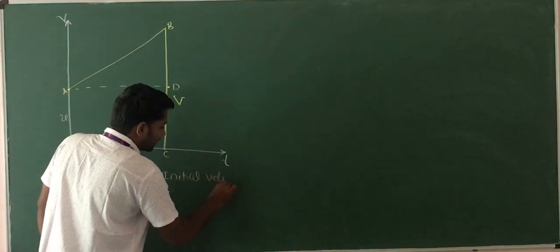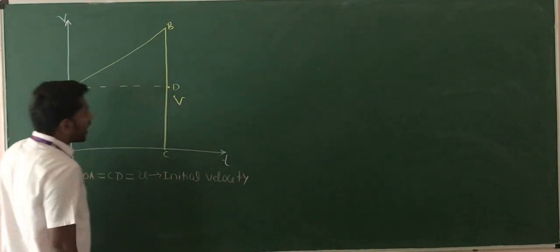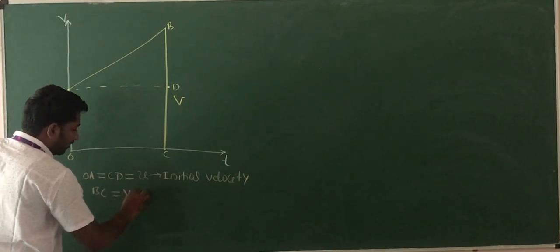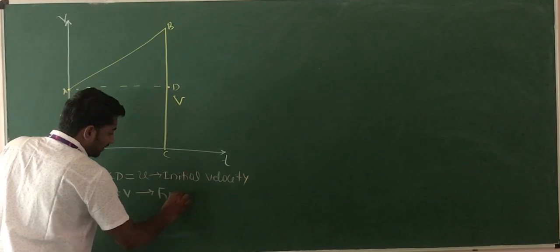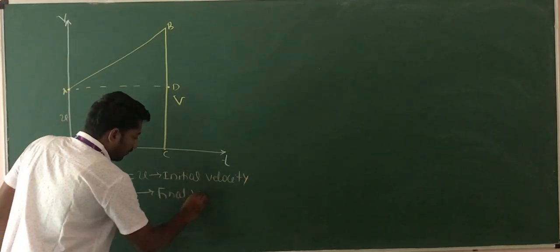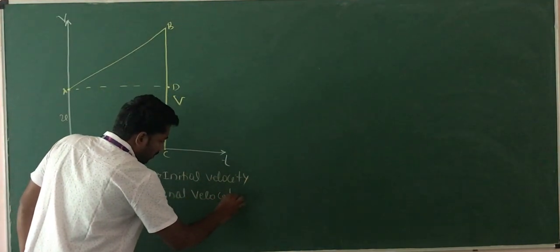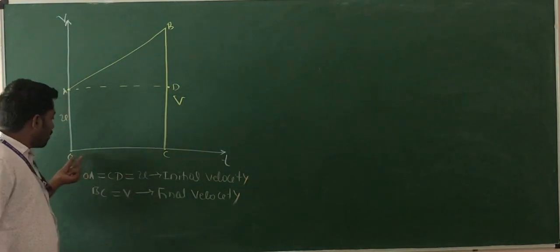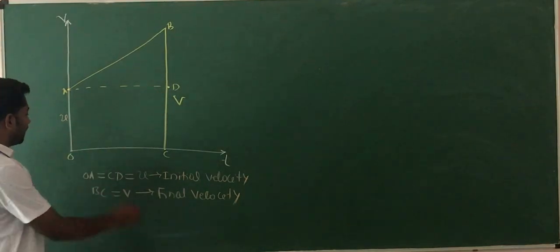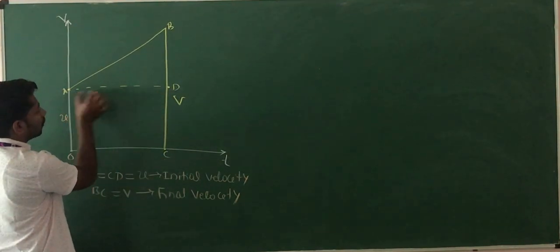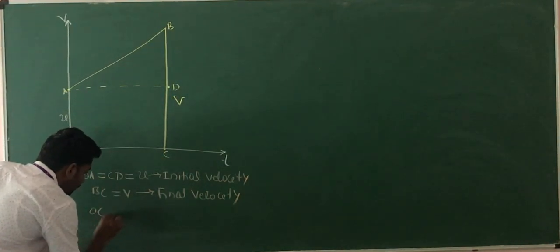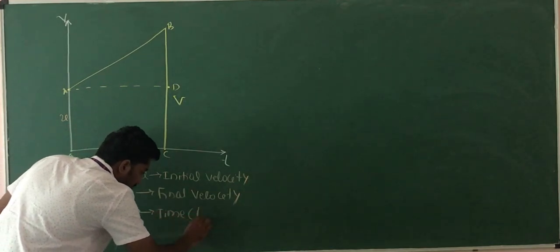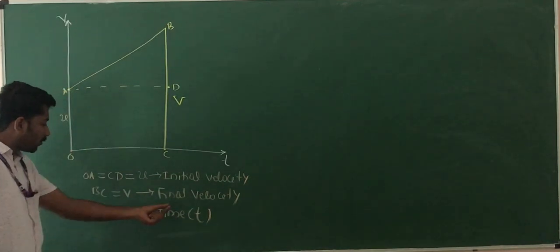This is the initial velocity. And BC is equal to v, that is the final velocity. Along the x-axis is the time. The distance from O to C is equal to A to D. Here, OC is equal to AD is equal to time t.